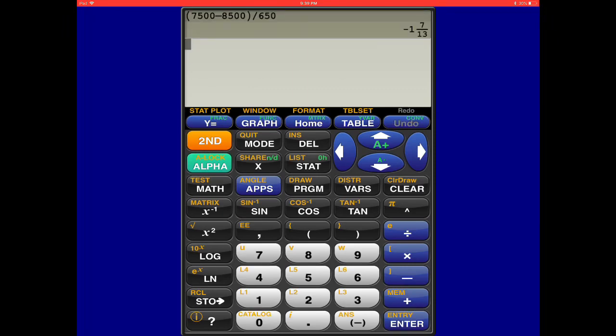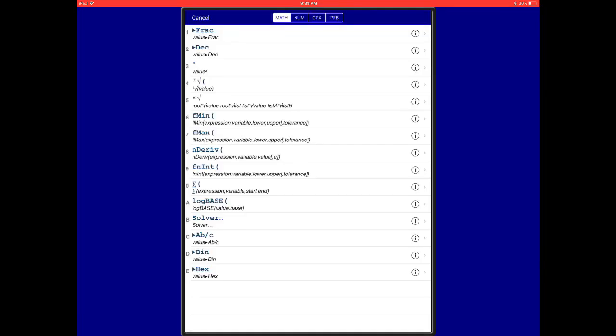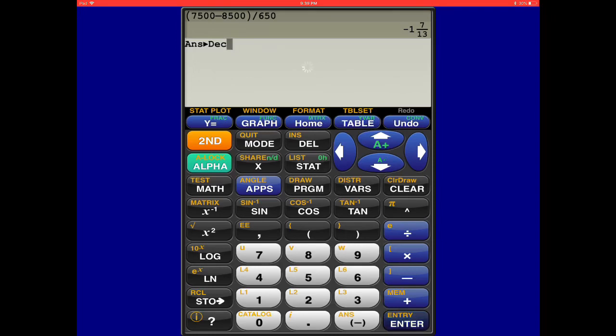It defaults to fractions, which is usually good, but in this case we're looking for the decimal. To the nearest hundredth, we get approximately negative 1.54.